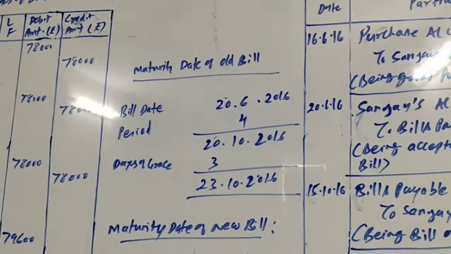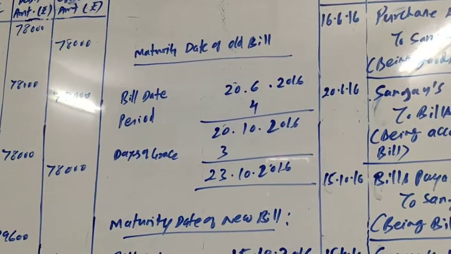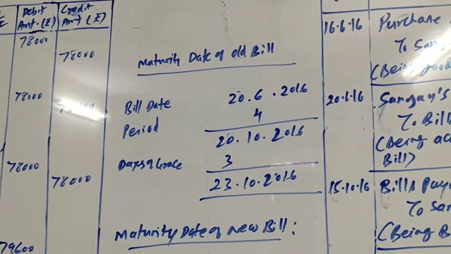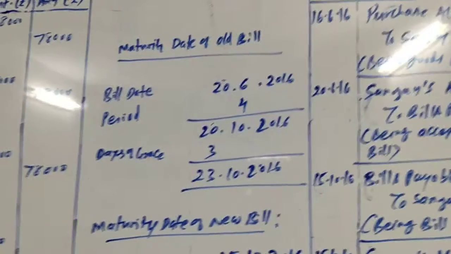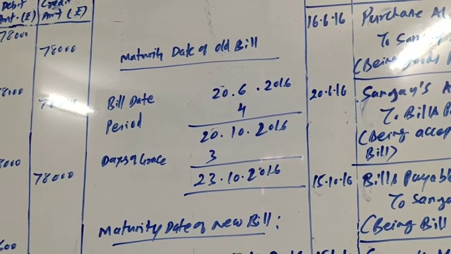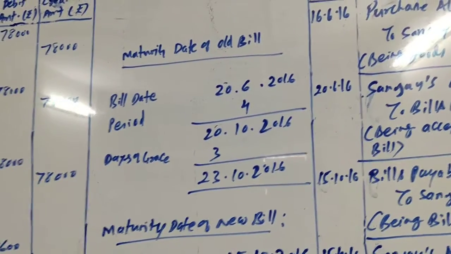So friends, first of all we have to pass the entry for cancellation of the old bill, and for cancellation of the old bill we know the entry is just the reverse entry of the bill accepted and returned.